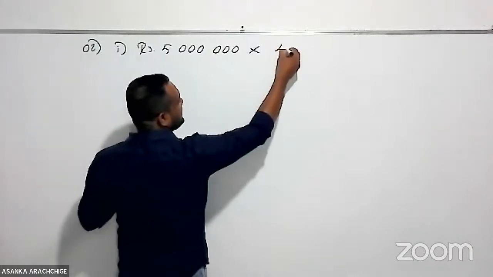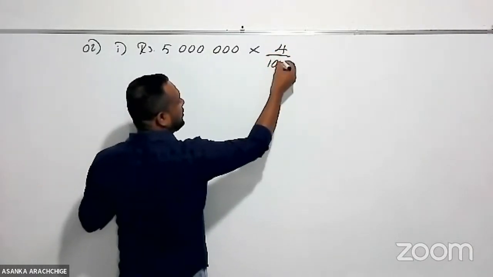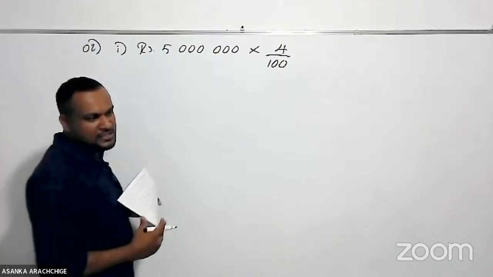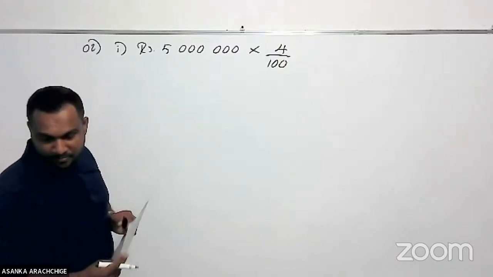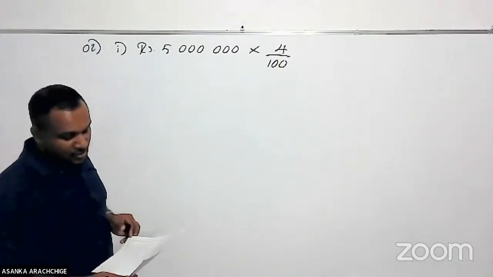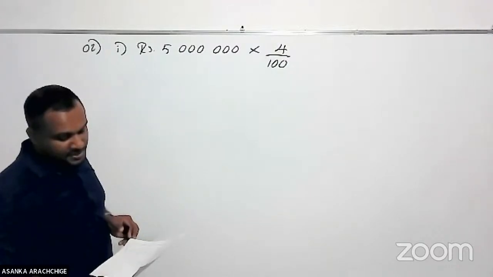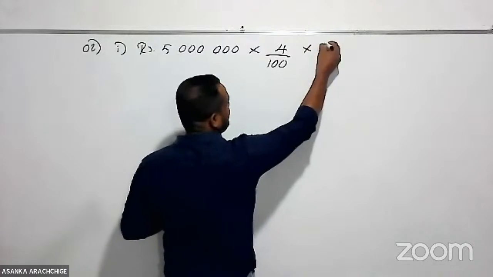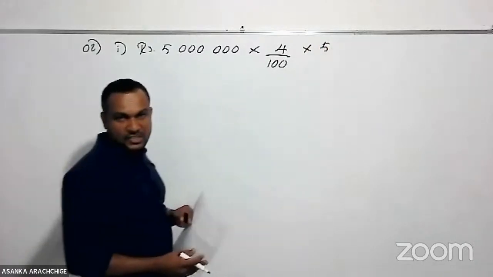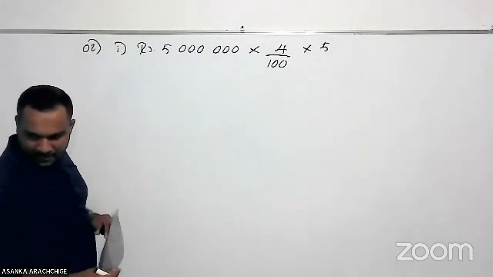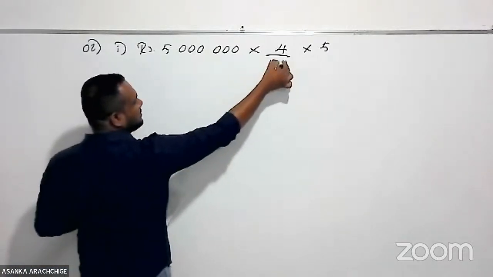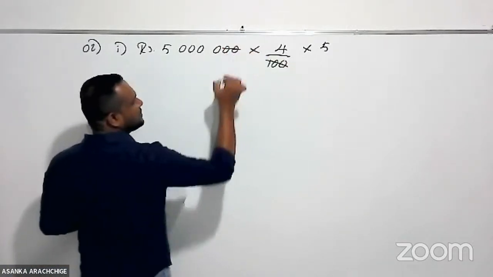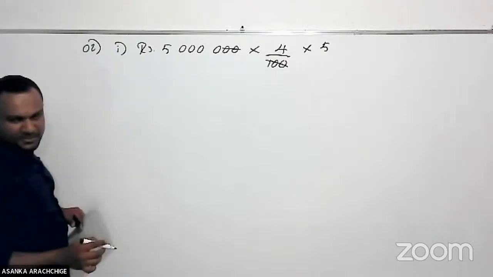Therefore, this is multiplied by 4 upon 100. This is for 1 year. So we have to find the total interest for 5 years. Then this should be multiplied by 5 as well. Then the zeros can be cut off.